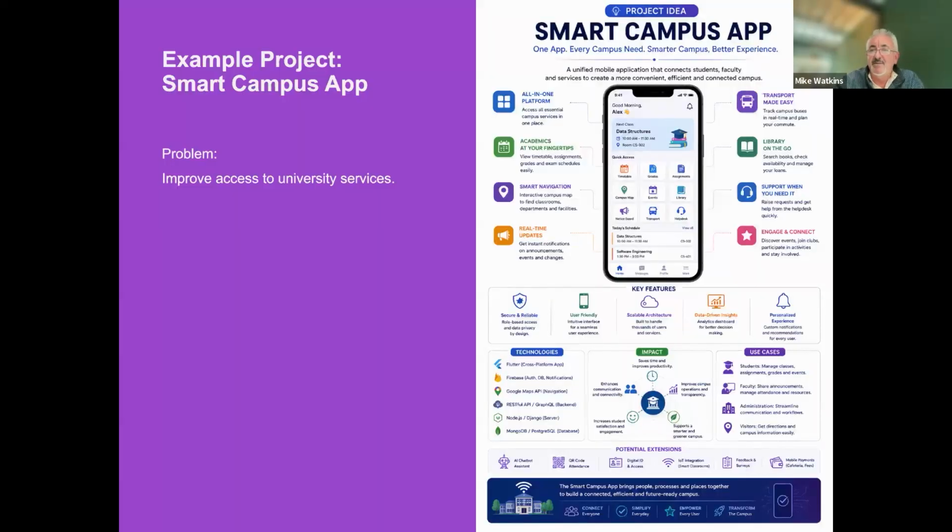I'm aware that we're running a little bit low on time, so I'm going to push it a little bit more. Another example is some sort of smart campus app, something that students would find useful as they engage with the university campus. So maybe improve access to services, or room location, or study groups, or anything basically.